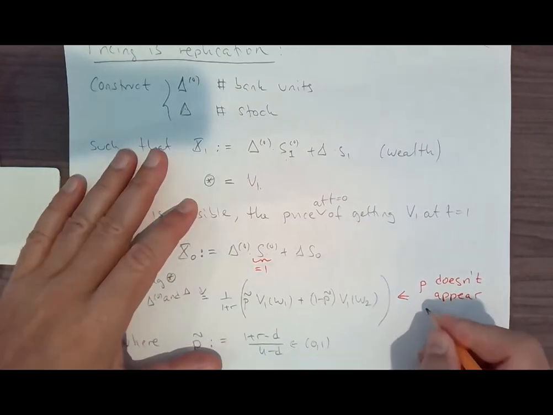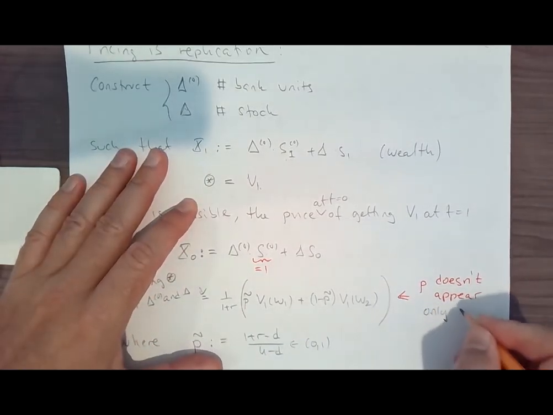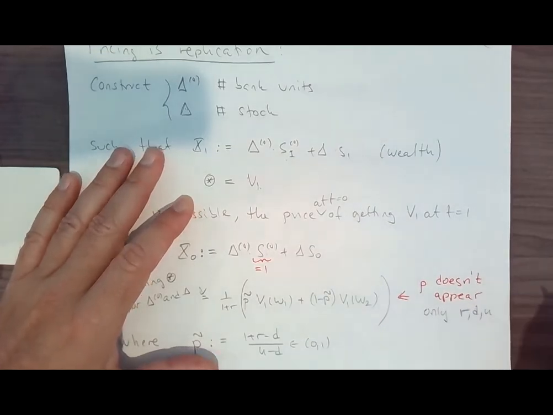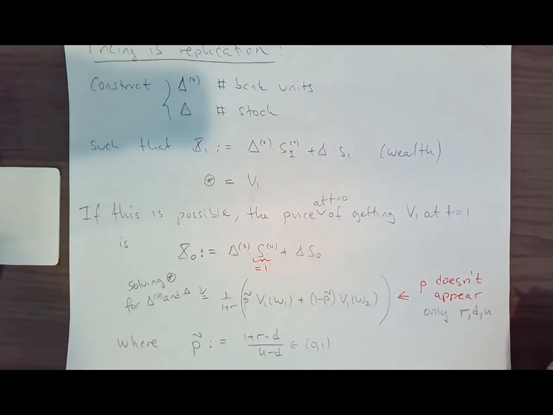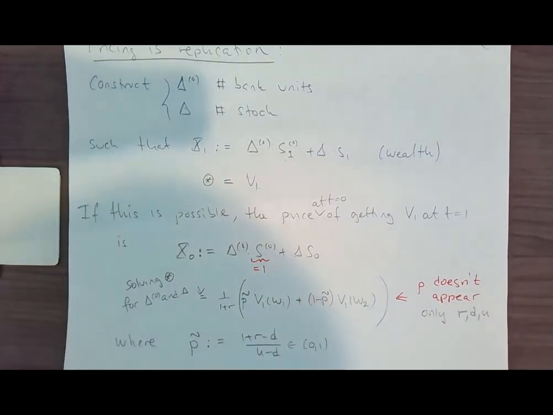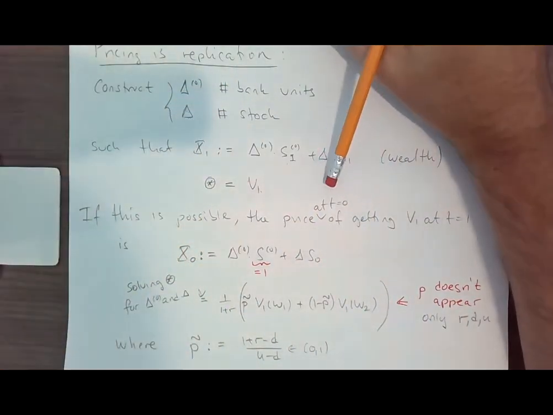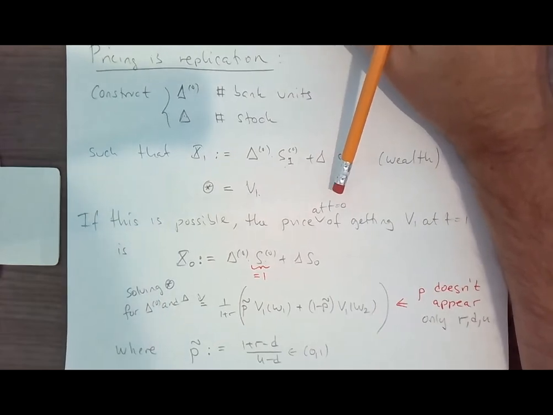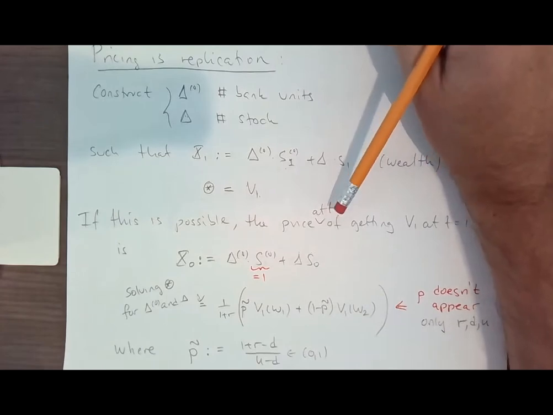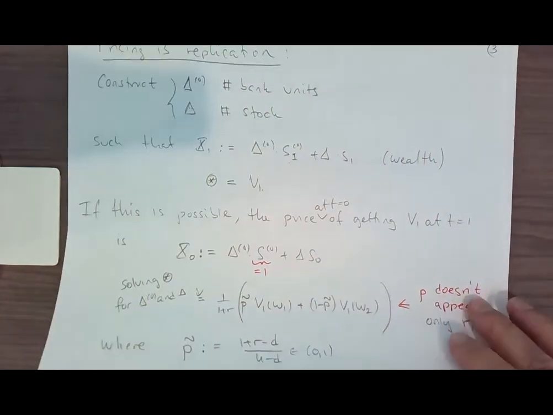So this is only r, d, and u. Just double check that I got it copy pasted correctly from Mathematica. We didn't miss a term. That's good.